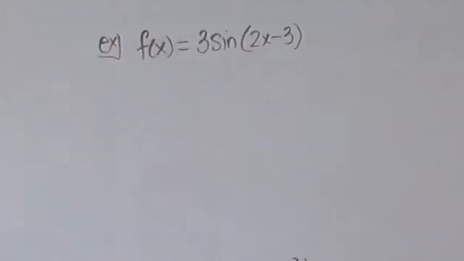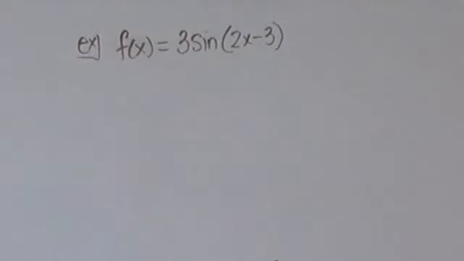And so here, if I'm given a function such as 3 sine of 2x minus 3, I can see this as a composition, where my little f would be this 3 sine of x, and my little g would be 2x minus 3. Okay?